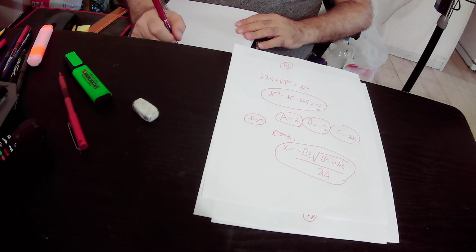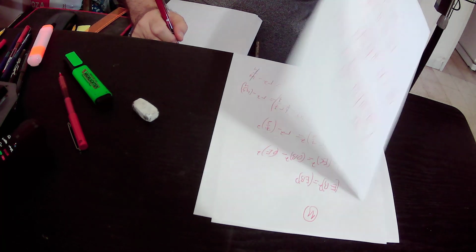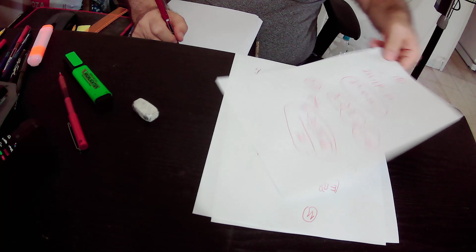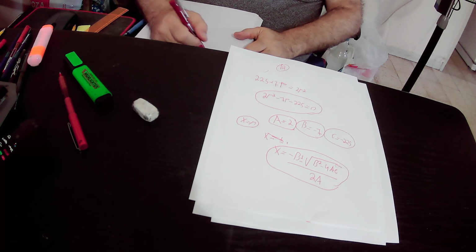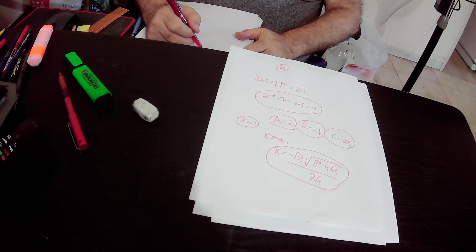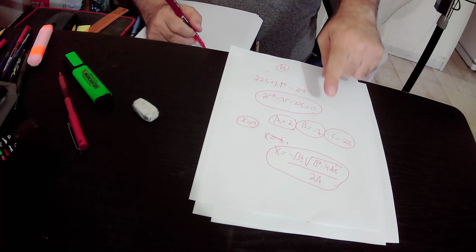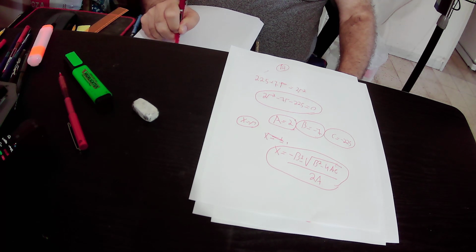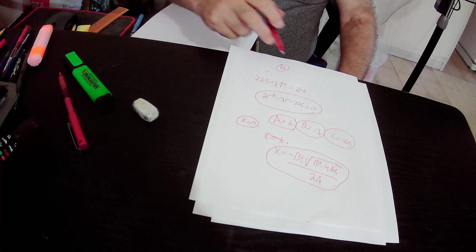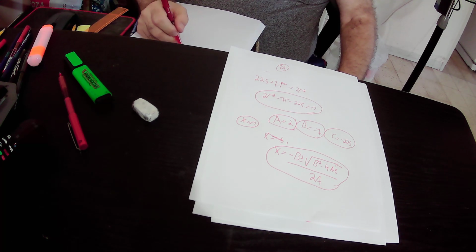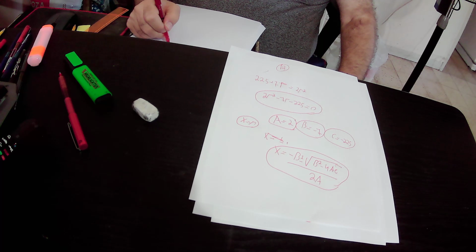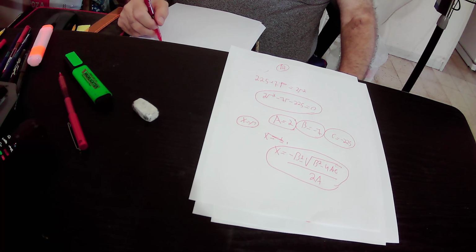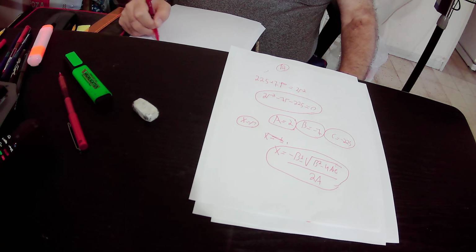And we will get that r equals minus b, which is minus minus 7, so plus 7, plus minus root of b square, which is minus 7 square, 49, minus 4 times a, which is 2, times c, which is minus 225, over 2 times a, which is 2 times 2, 4.